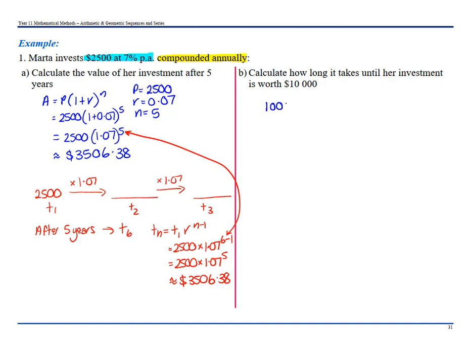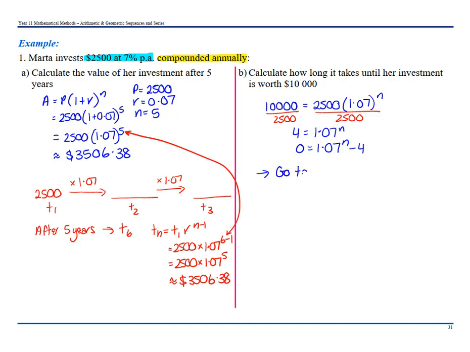We'd have 10,000 equals 2,500 times 1.07 to the power of n. Divide both sides by 2,500. So we've got 4 equals 1.07 to the power of n, or 0 equals 1.07 to the n minus 4. Haven't done logs yet.